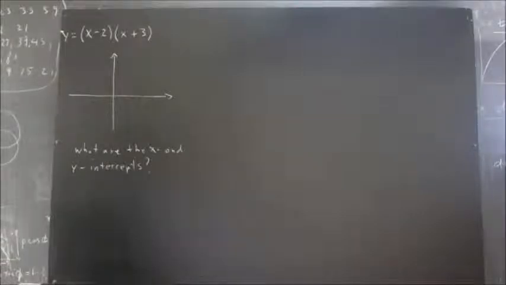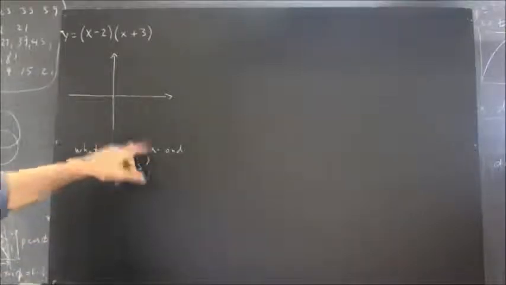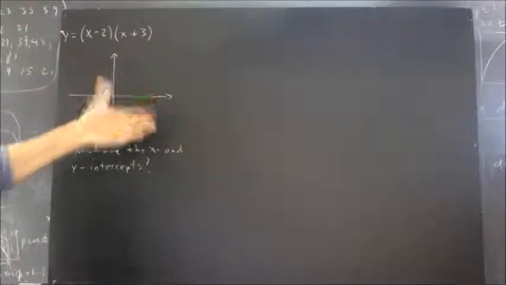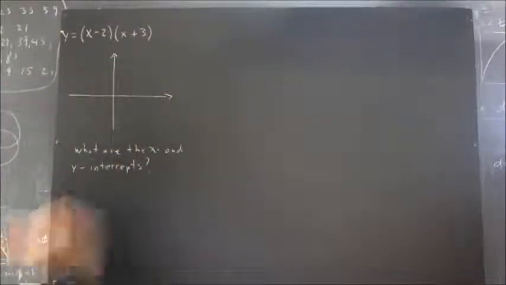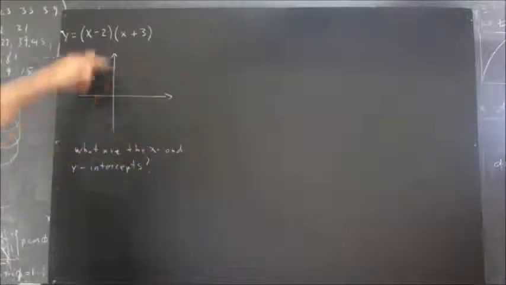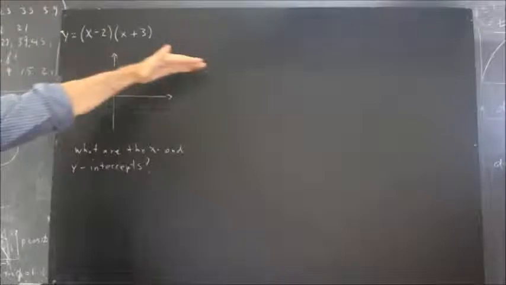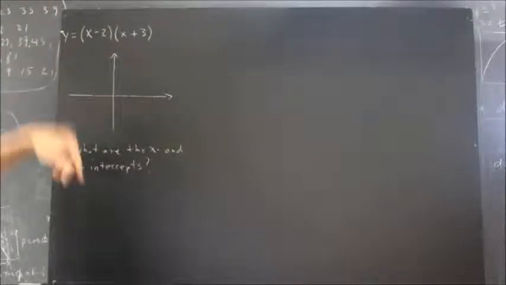y-axis. And the x-intercepts, well, a point on the x-axis, a point is going to be on the x-axis if y is 0, because the x-axis is a set of points where the y-coordinate is 0. If the y-coordinate is more than 0, then you're on a horizontal line above the x-axis.